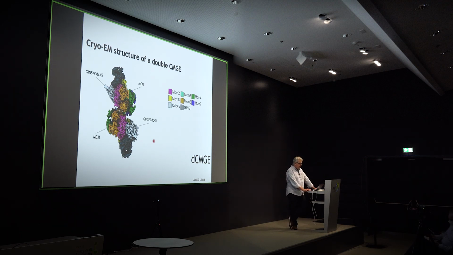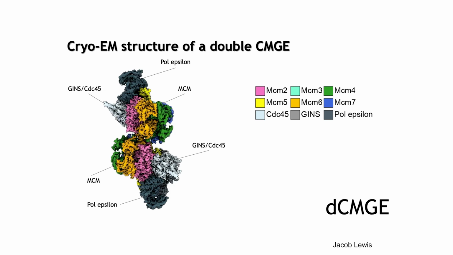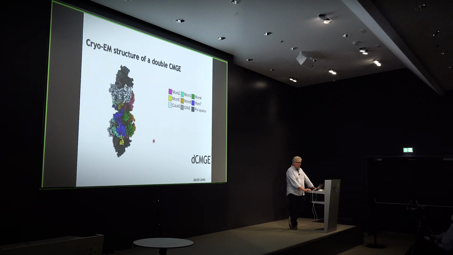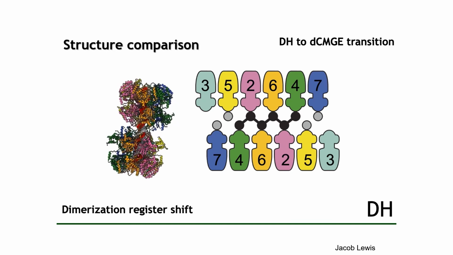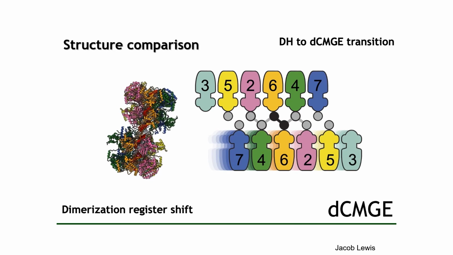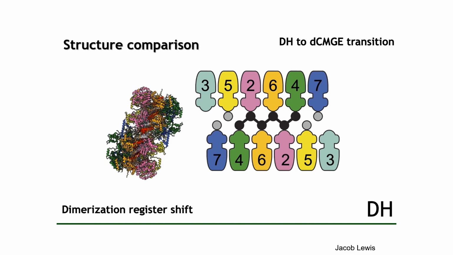This is the MCM ring, CDC45 and GINS, and DNA polymerase epsilon. You can see it in all its glory here, and you probably can already see that the MCM subunits have really rotated quite a lot relative to where they were in the double hexamer, and that's just shown in this little animation. So the MCM subunits have really turned apart quite a bit.